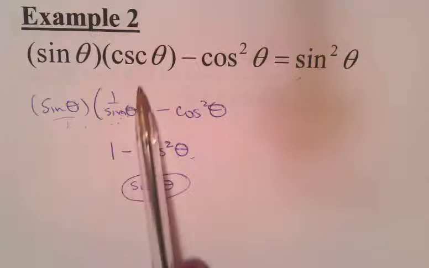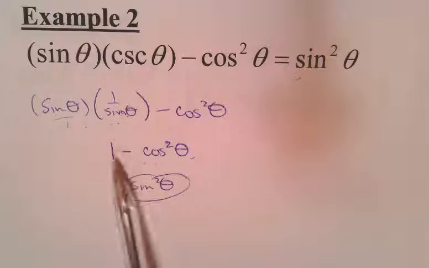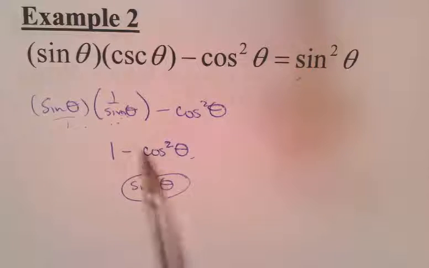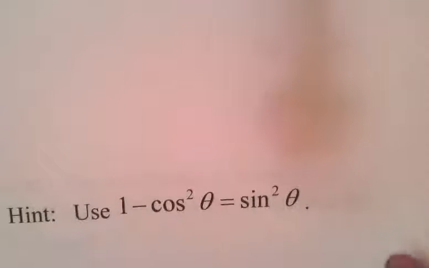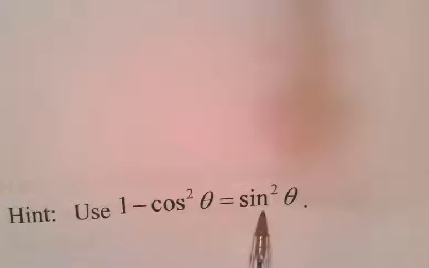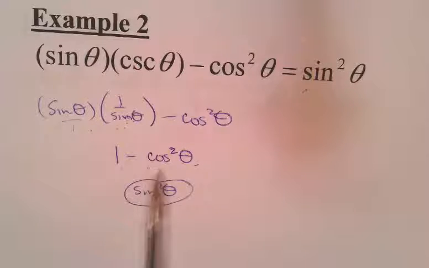So I was hoping that you probably could get to this step using some of the identities and the algebra. And so when I said the hint, I just wanted to make sure you knew that 1 minus cosine squared is equivalent to sine squared, from our trig identities that we have. So that was my hint for that one, that hopefully if you get to that step, you would know what to do.